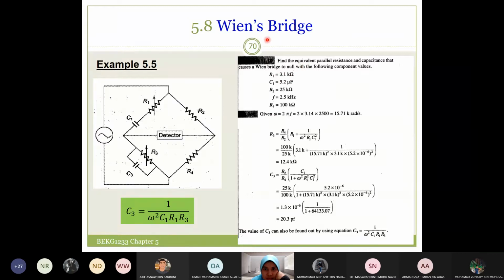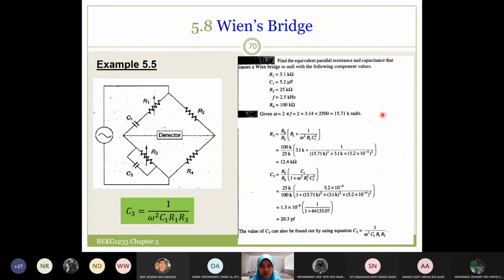If you look at this example, this is the formula for C3. Find the equivalent parallel resistance and capacitance that cause the Wien bridge to null. All parameters R1, R2, R4 are given. Omega is equal to 2 pi f, so 2 pi multiplied with frequency 2.5 kilohertz.